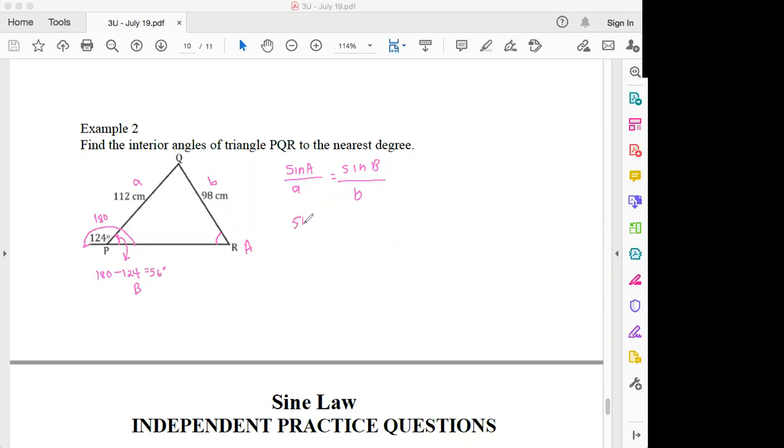So sine of A over 112, since we don't know A but we know the side length for it is 112, equals sine of B, which is 56, over 98. We multiply both sides by this lower term so it cancels out. So sine of A is equal to 112 times sine of 56 over 98.